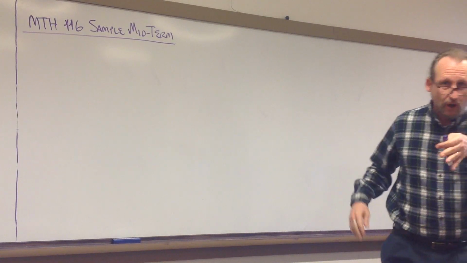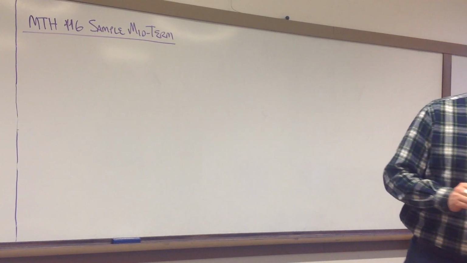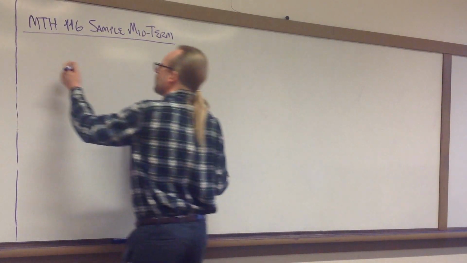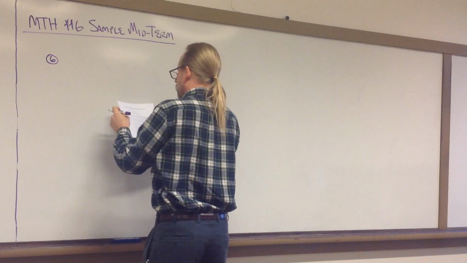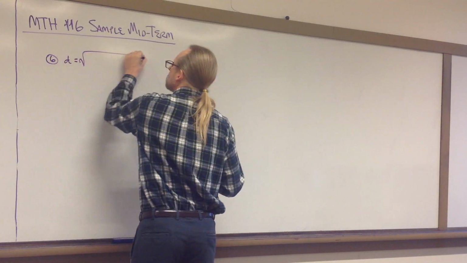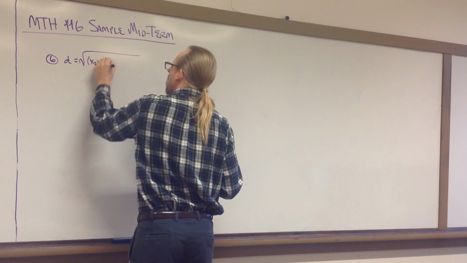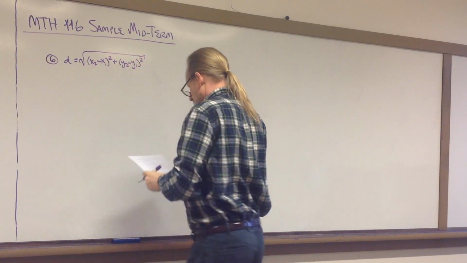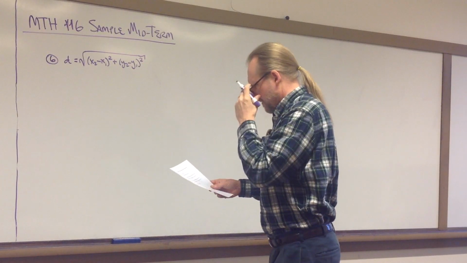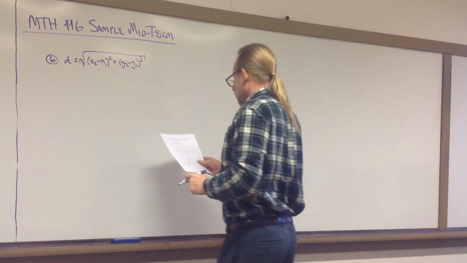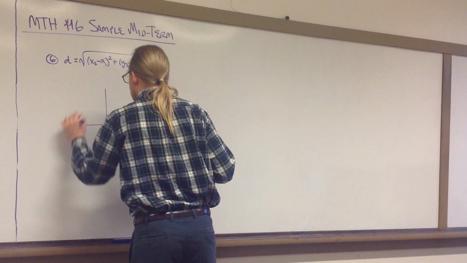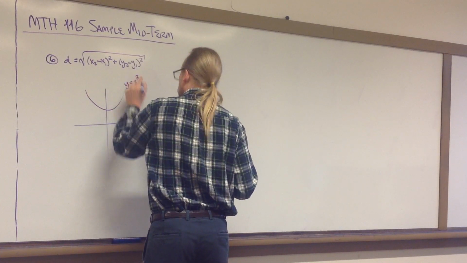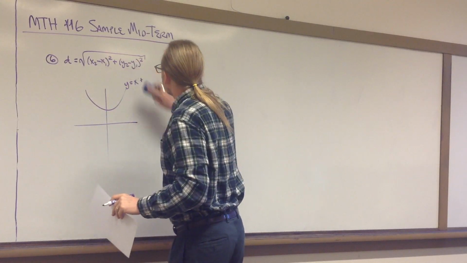Anyway, I'm going to go over all 4 of the problems just so that everyone can see how to do these problems. All right, for all 4 of them. So problem 6, we've got our distance formula. All right, and what do we have here? I've got a function y equals x squared plus 3.